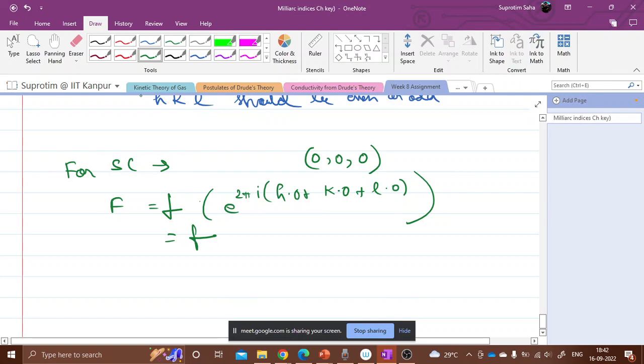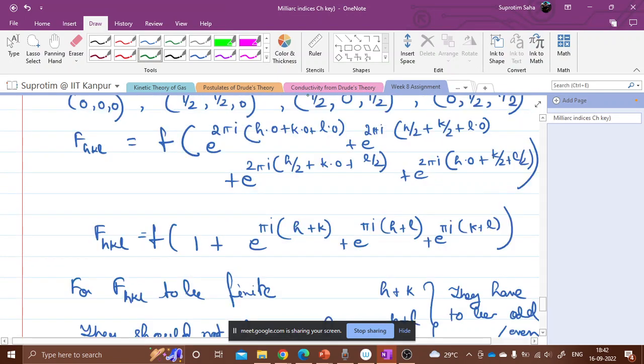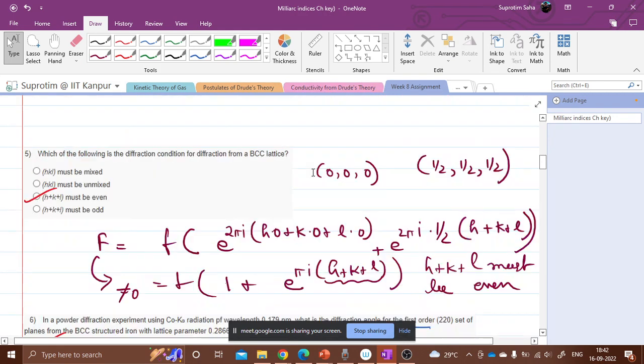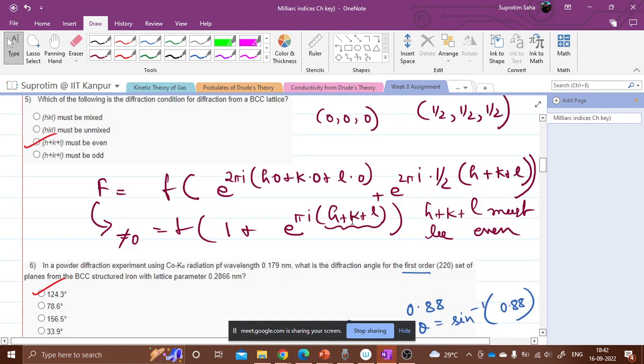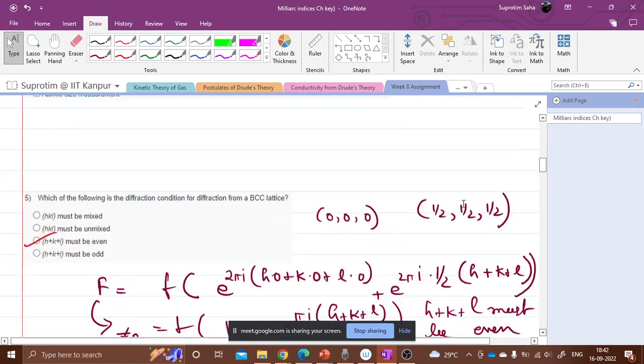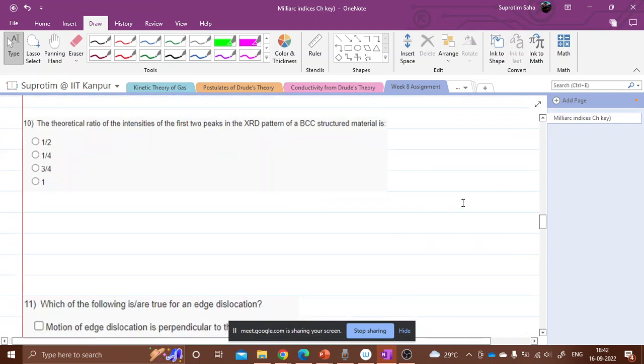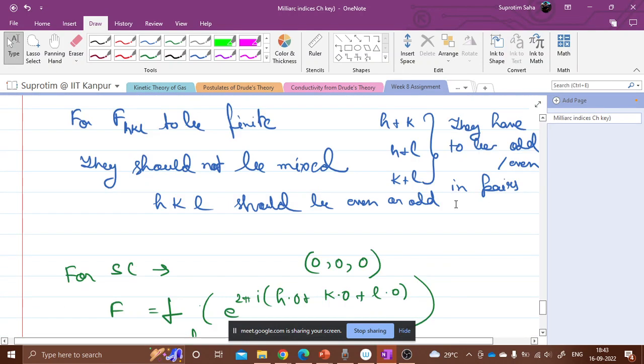Alright. For BCC, as I've already told you, H plus K plus L must be even, and for FCC, the indices must be pairwise even or odd.